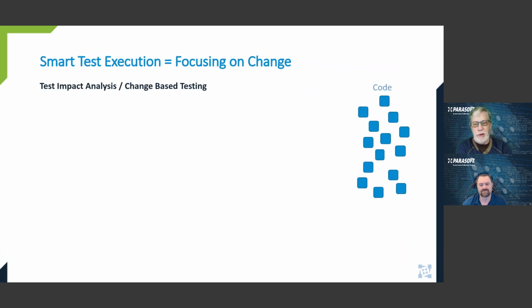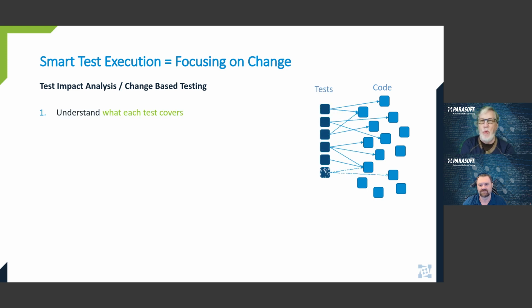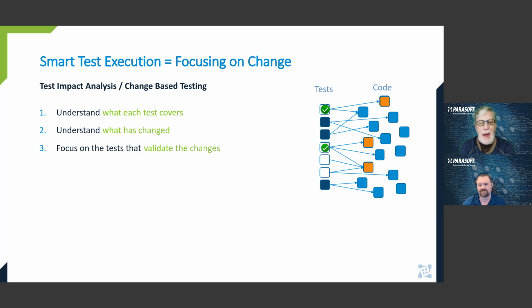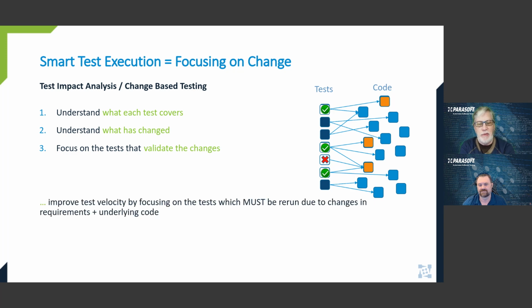And the way that we do this sort of change-based testing is we look at all the pieces of the code, and when you're running tests, we pay attention to which parts of the code were executed by which set of tests. And when you've changed a particular piece of code, we can go back and help you select all of the tests that correlate to the changes that you made.